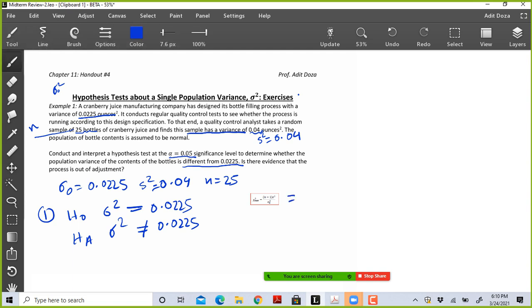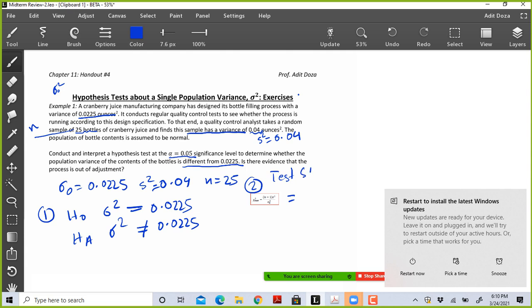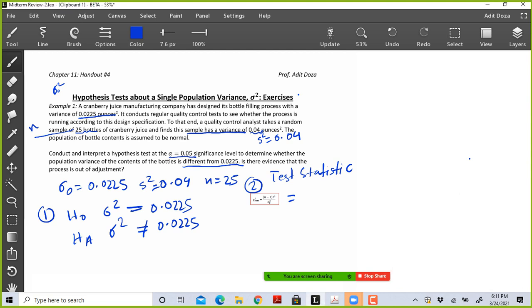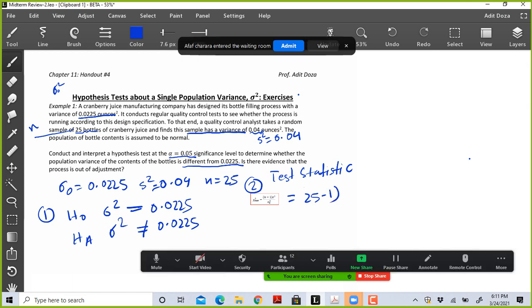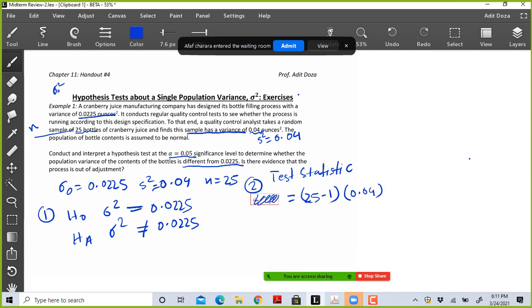So step 2 is calculate the test statistic. Let me write the formula properly. n minus 1 times s square divided by sigma square.